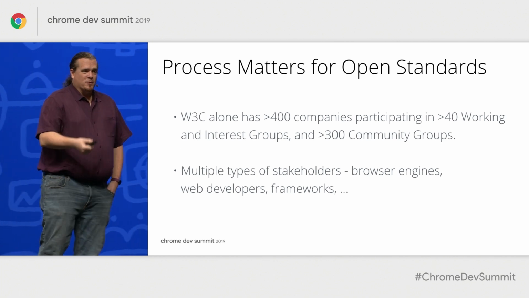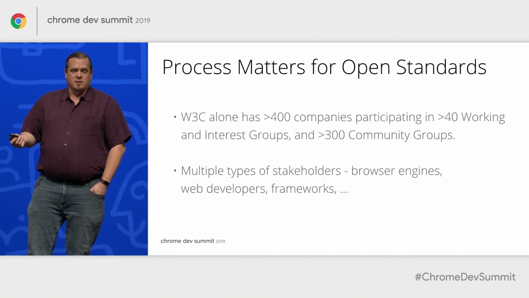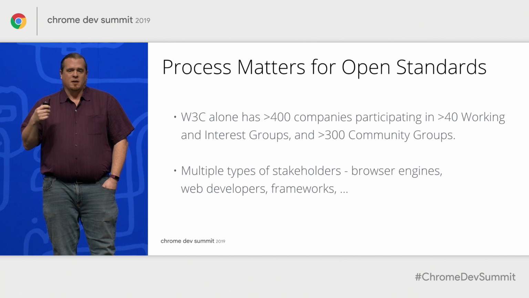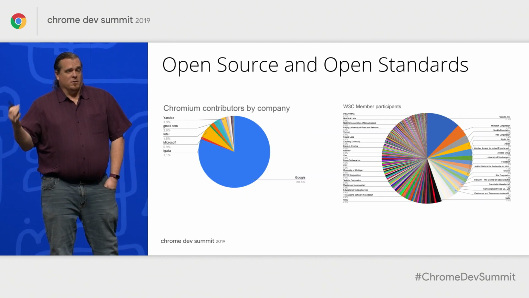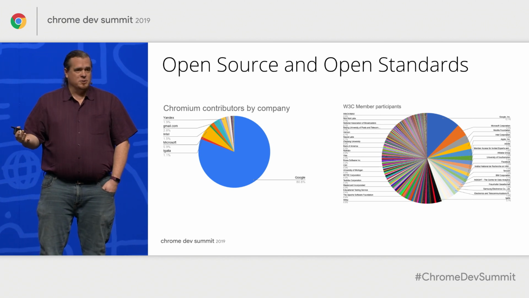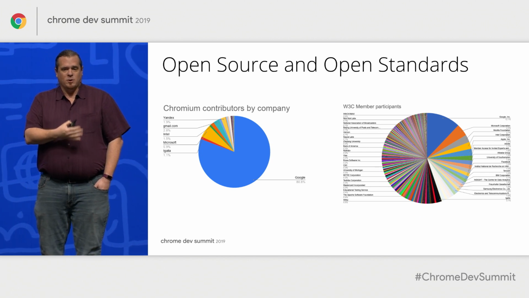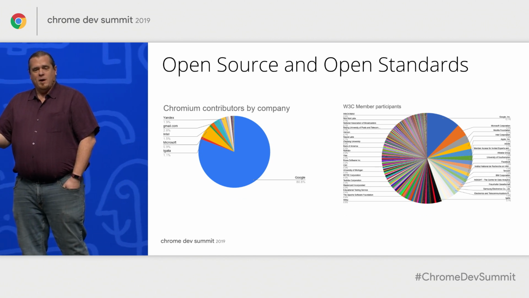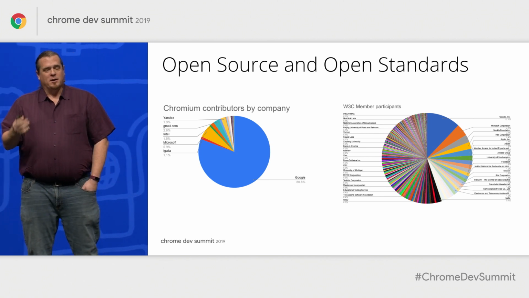So there are lots of different people, lots of different needs involved, and in this context, Chromium's engagement is really just one piece that needs to fit into that standards process. In fact, although Google may dominate the participation in Chromium, we're not at all the majority in standards. Yoav just showed you this pie chart of participants in Chromium on the left. The graph on the right is the number of individual participants in the W3C by company.